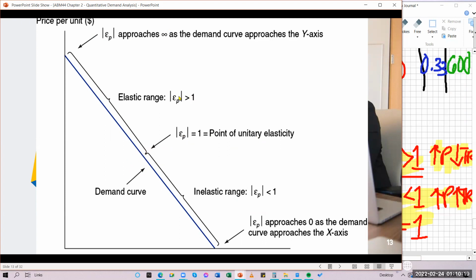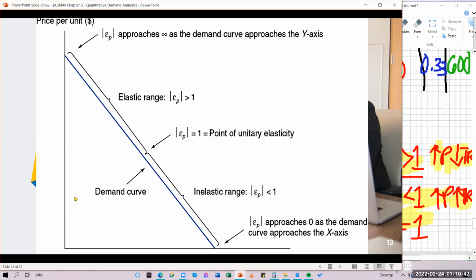While if it's greater than 1 here, that means your income is lower because the quantity produced is small. Your quantity demanded is small because your price is high. So that is for elastic. While inelastic is when it is less than 1.